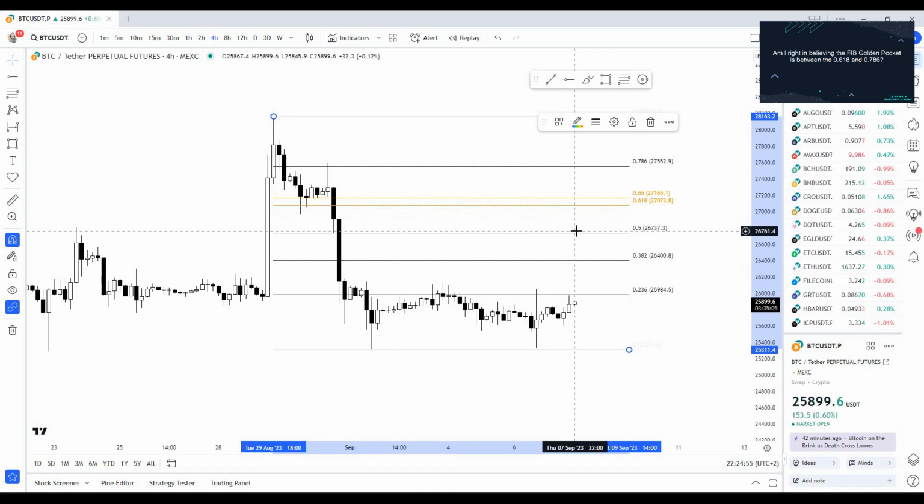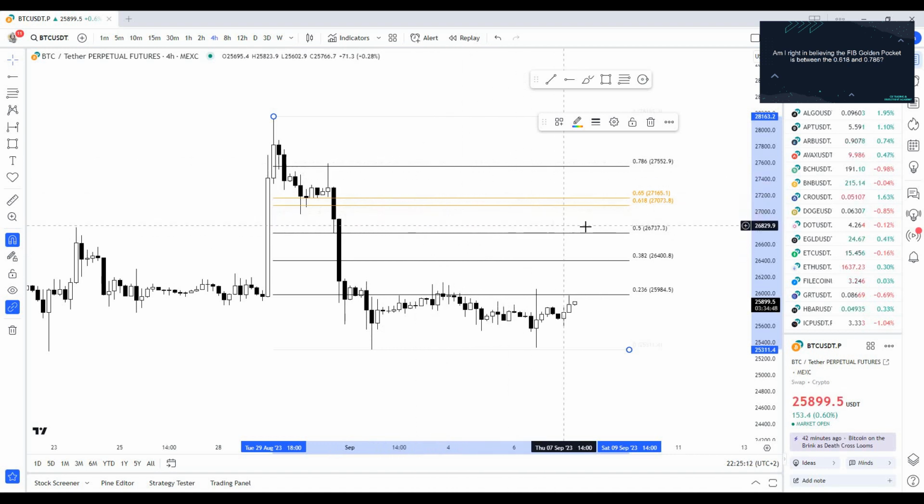So in my opinion, it doesn't make it a good indicator if you say, well, between 0.5 and 0.786, that should be a good area for some confluence, because that's a lot of room to move.